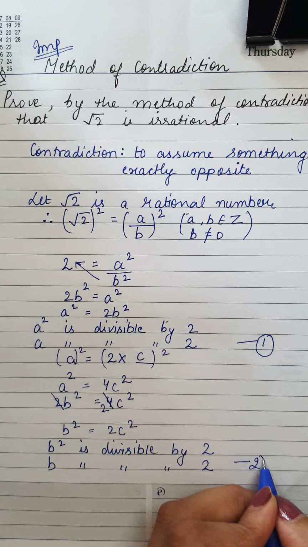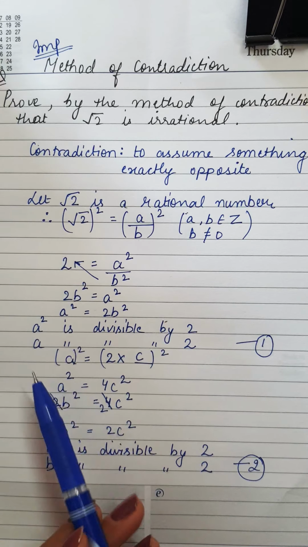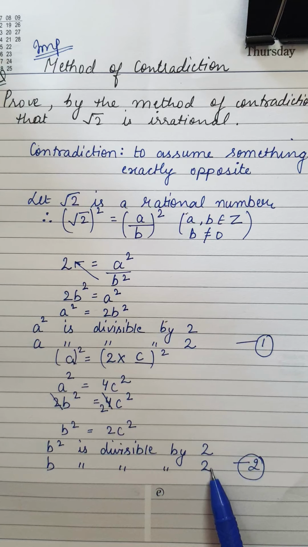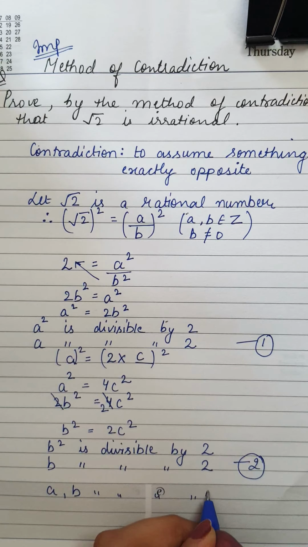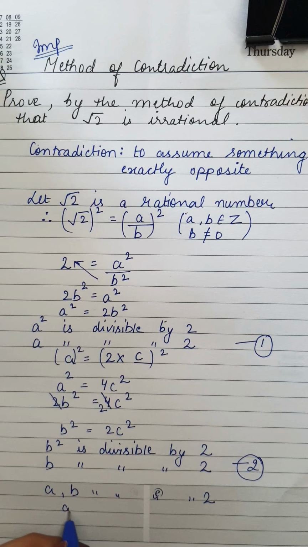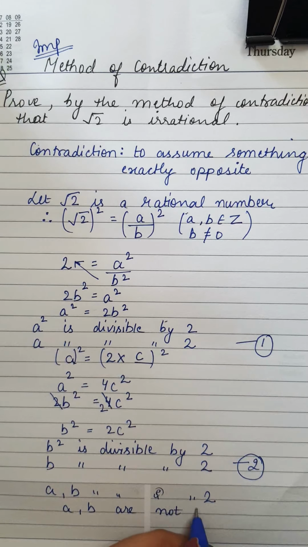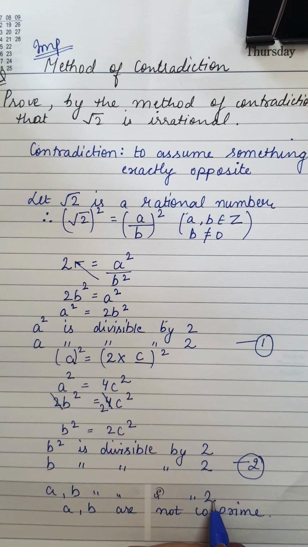Equation number 2. Now only focus on equations 1 and 2. a is divisible by 2, b is divisible by 2. That means a and b both are divisible by 2. That means a and b are not co-prime because they have a common factor 2.